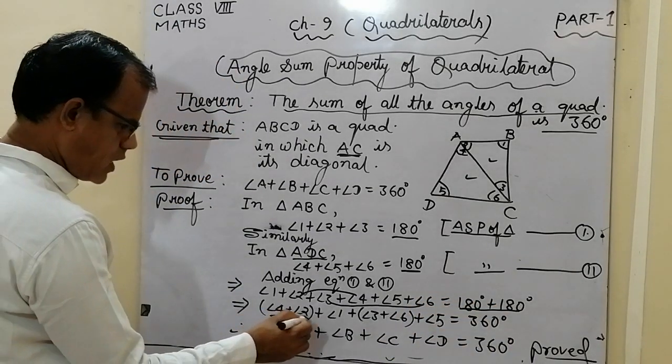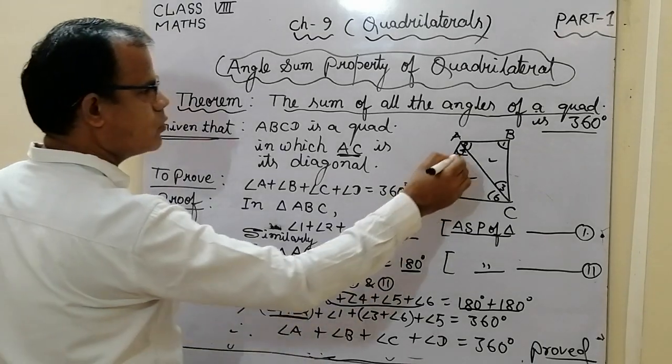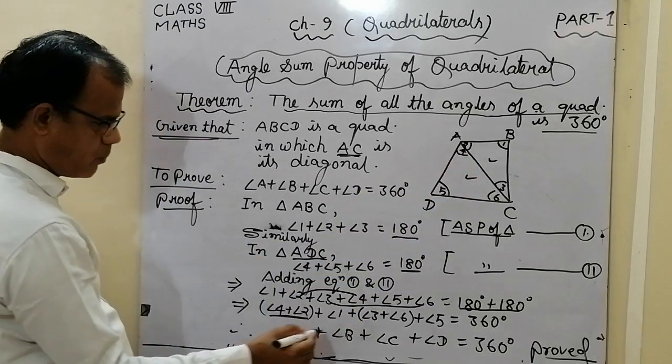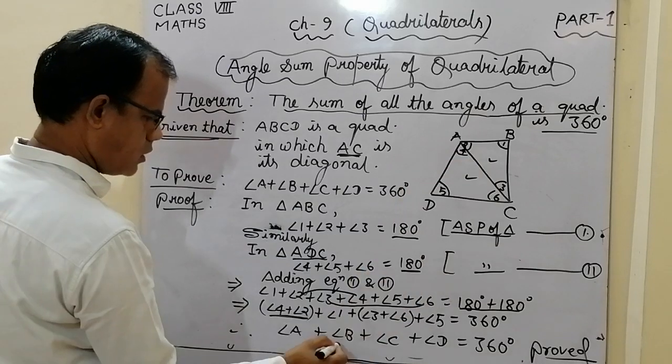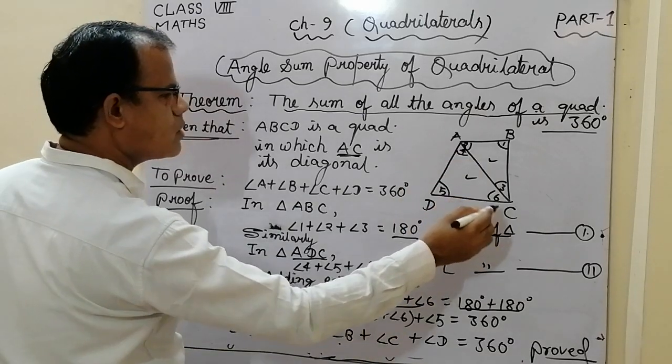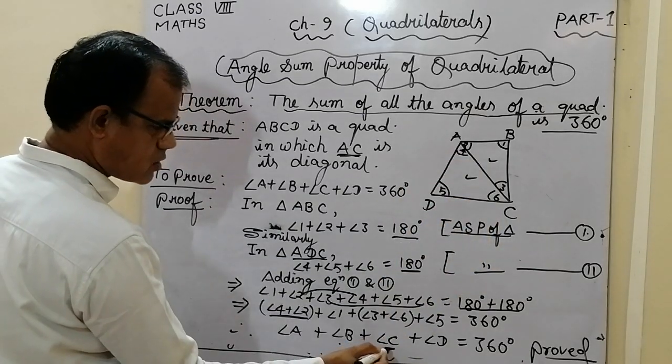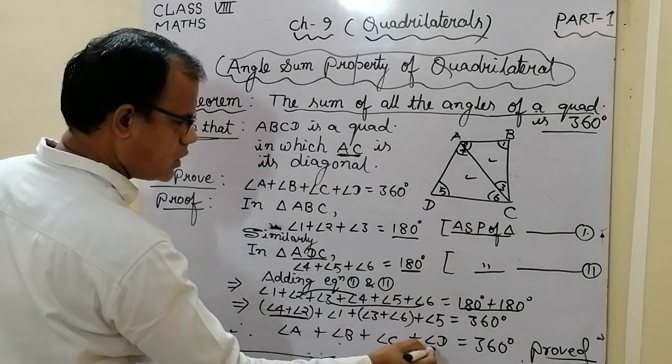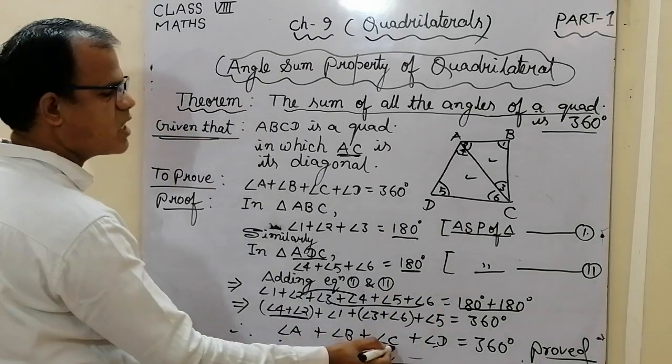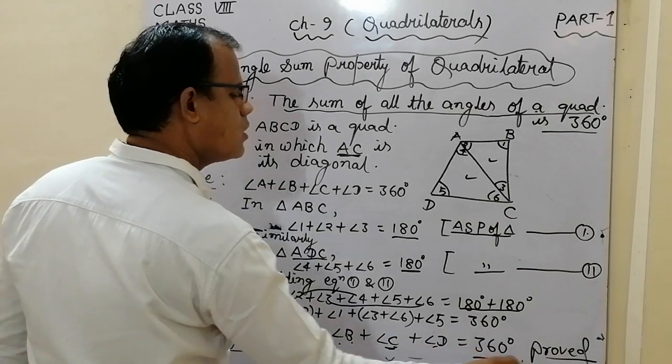So in place of angle 4 plus angle 2, we write here angle A. Angle 1, angle B. Angle 3 plus 6 represents angle C, so we write here C. Angle 5 represents D, so D. Angle A plus B plus C plus D is 360, proved.